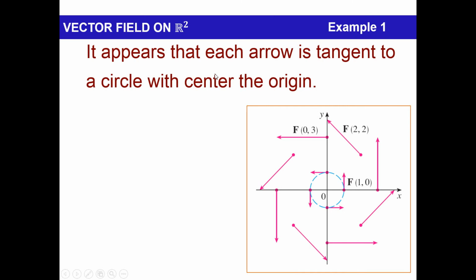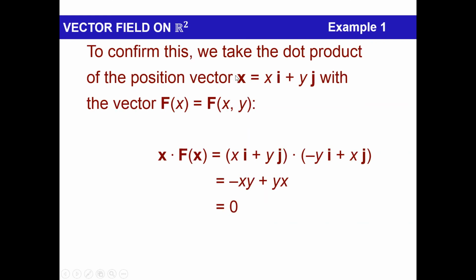So the observation here is, it appears that each arrow is tangent to a circle with center the origin. So a unit circle is shown here. So let's see generally, is it true? To confirm this, we take the dot product of the position vector x is equal to xi plus yj.